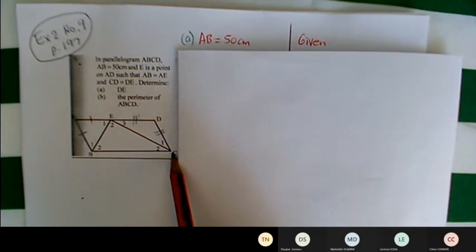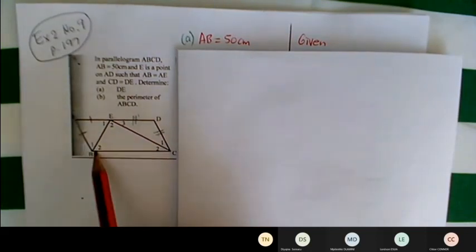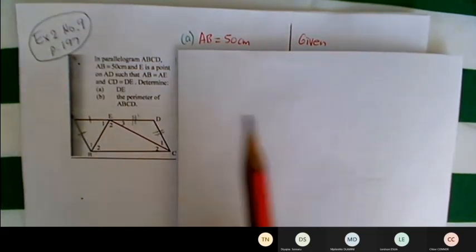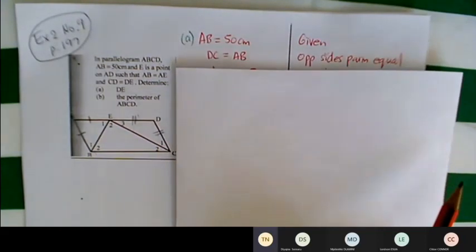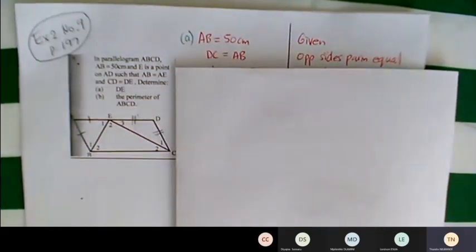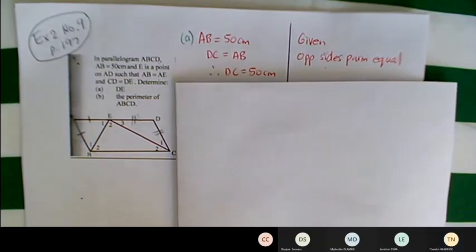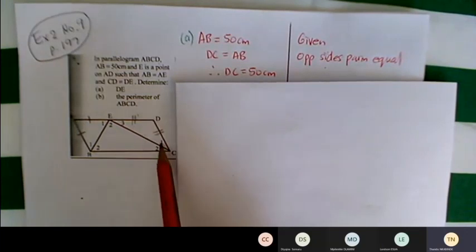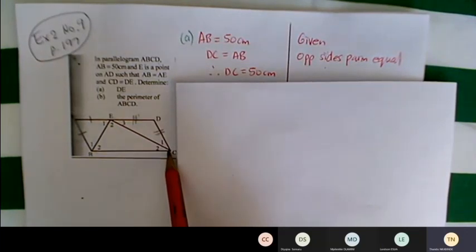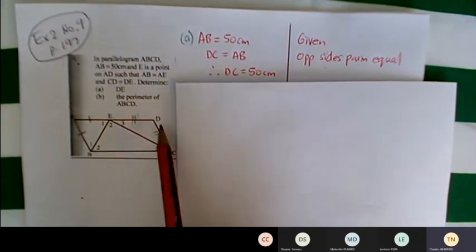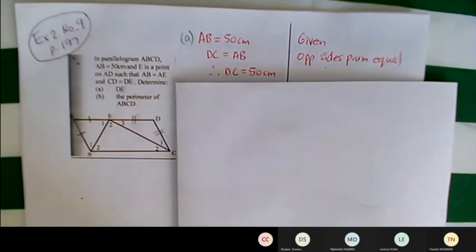DC or CD is equal to AB, opposite sides of a parallelogram. Are we good there? Opposite sides of a parallelogram are equal. Therefore, DC is equal to 50 centimeters. We were told that this side is 50, so the other side is 50.